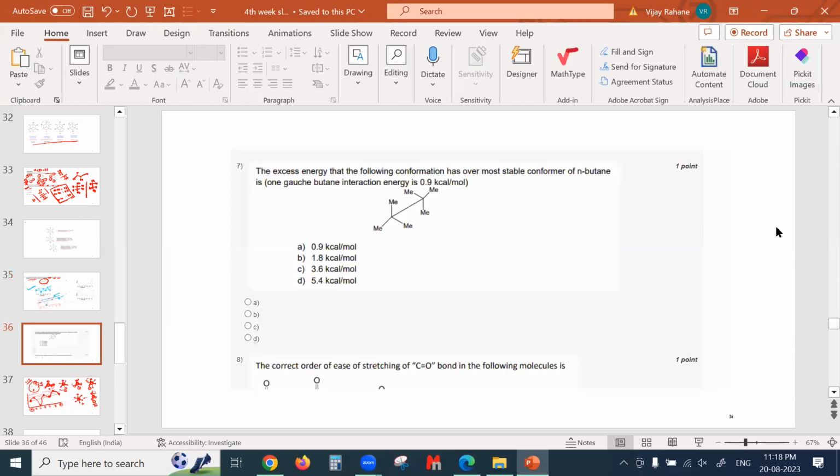Here you can see, I'll take this carbon as the front carbon atom. So the methyl, it's CH3, and the back carbon is obviously methyl and methyl. So this is the structure.